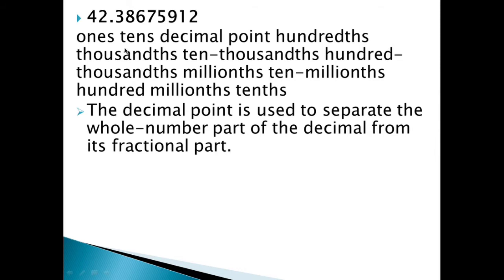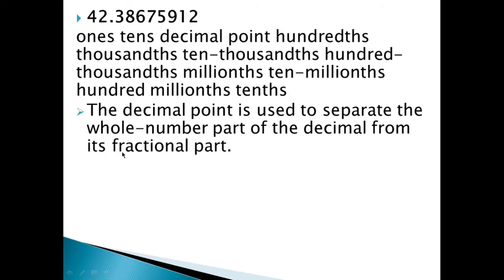Okay, so, ayan po siya. So, yung 4, ones, yung 2 tens, then decimal point. Yung hundreds, ayan po yung 3, yung thousands, ayan po yung 8, then 10,000s yung 6, 100,000s yung 7, millions, tens yung 5. So, ayan. So, hindi naman siya iisa-isa na. Okay? So, ayan po yung pasunod-sunod niya.